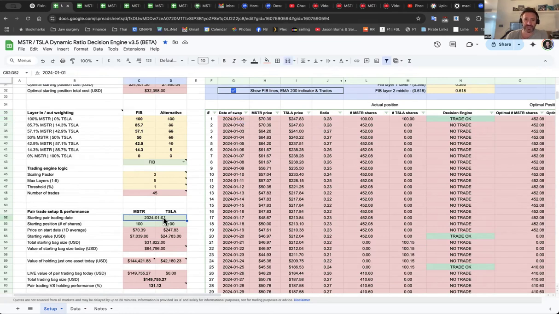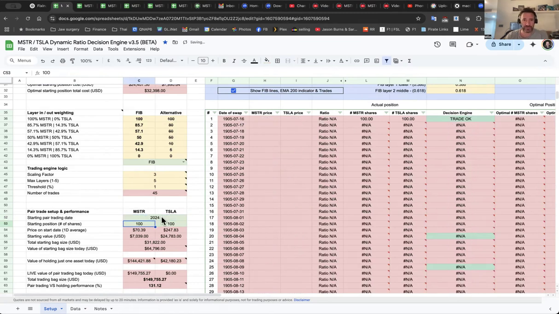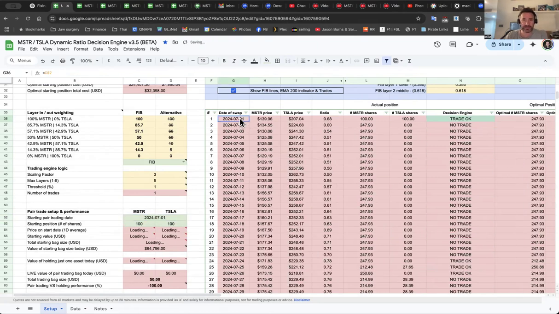So if you want to change this to, say, July last year, you put in July, and then it will update from July, and then it will pull the price from MicroStrategy and Tesla on that date. And what's happened? My Google Sheets is frozen. Let me reload.